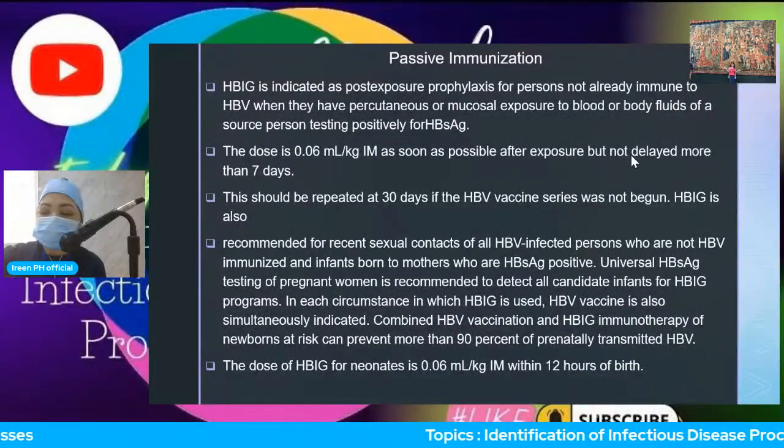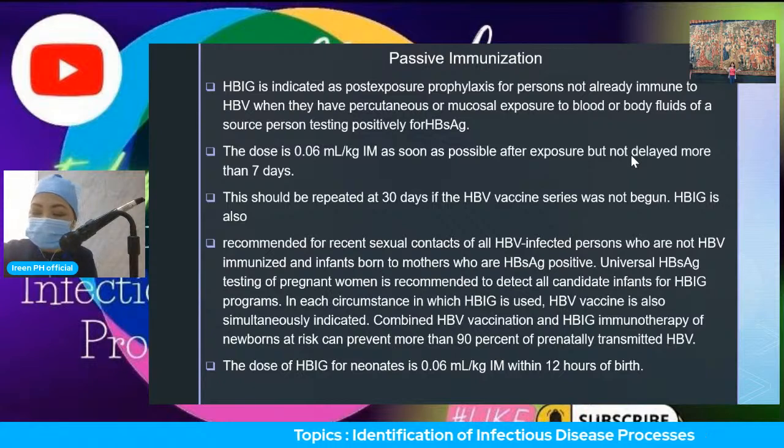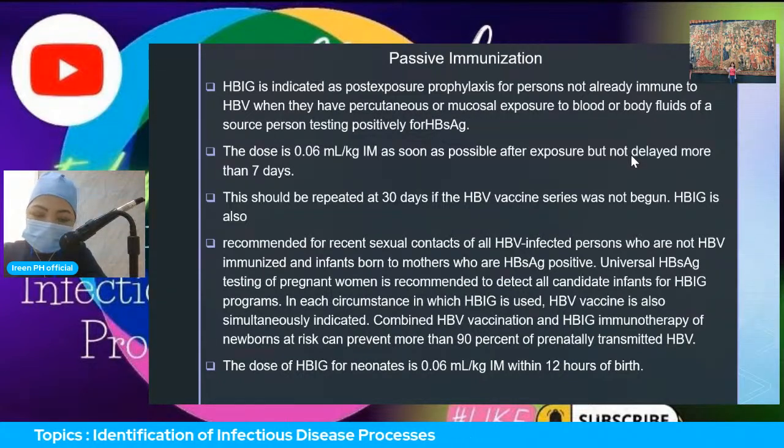Passive immunization. What is passive immunization? I will give an explanation as additional information.